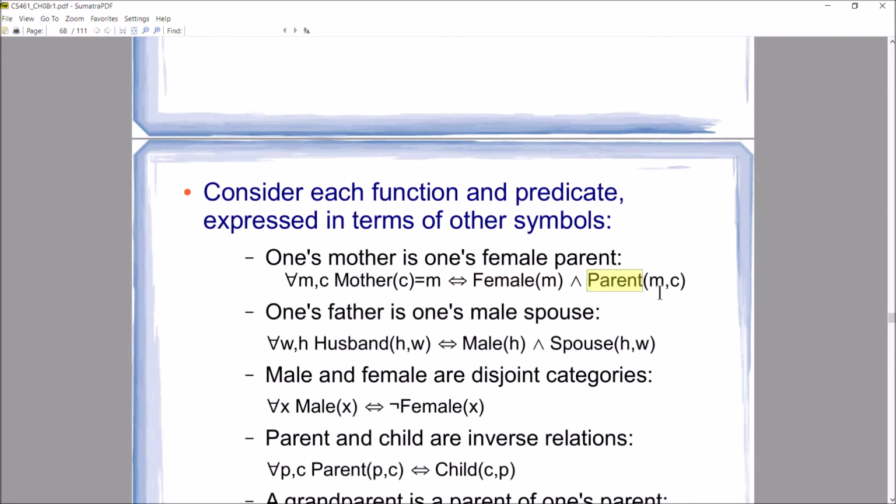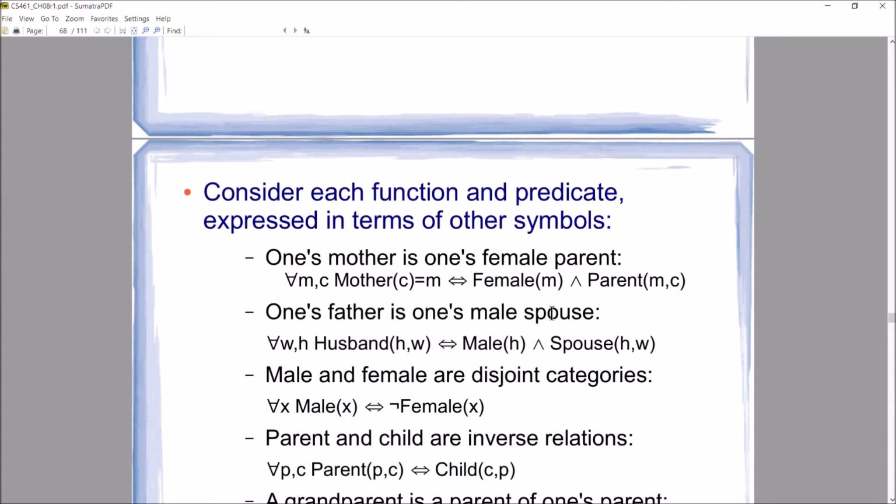And M is the parent of that C, right? So for all things in this domain, someone is the mother of C, and that equals M, if and only if M is female and M is a parent of C, right?